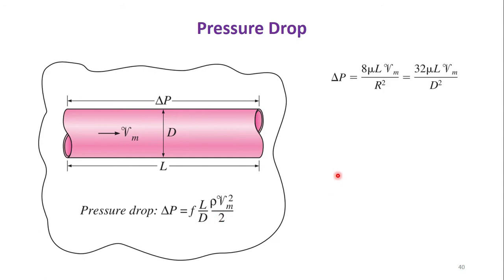Coefficient of friction is simply represented by Cf. So Cf is different, and this is the friction factor. The friction factor is an important parameter which will tell us whether it is connected with laminar flow or turbulent flow.